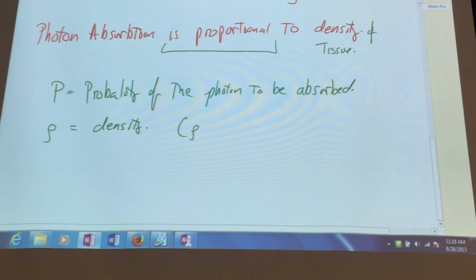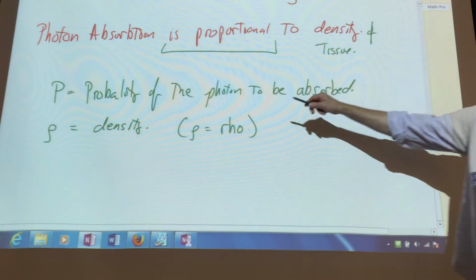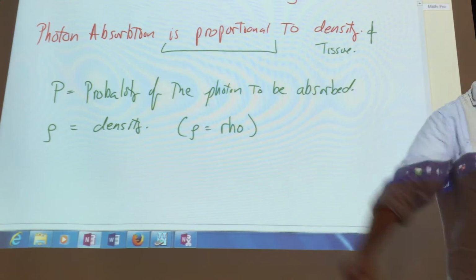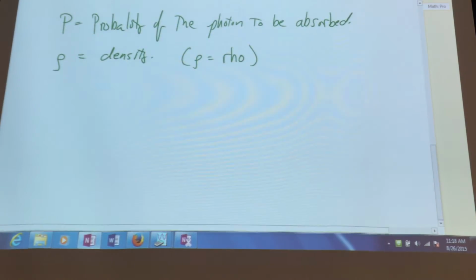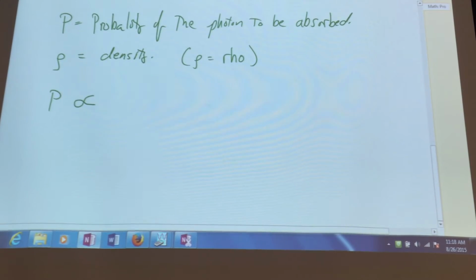That's the Greek letter rho, usually what we use for density. P is the probability of the photon to be absorbed, rho is the density. So now in our symbols, we're going to say that the probability is proportional to the density.